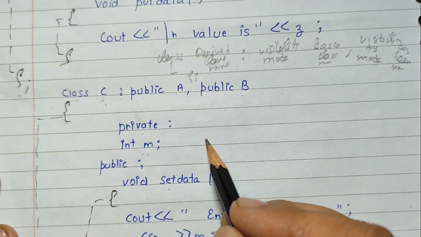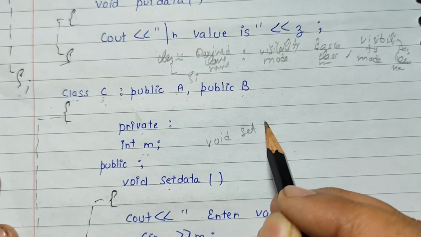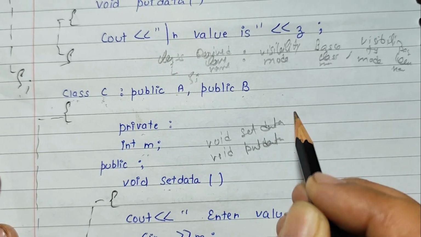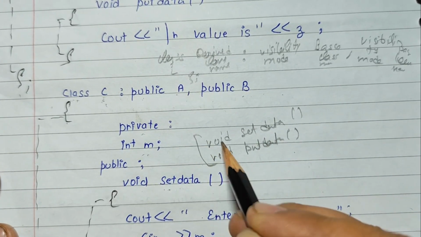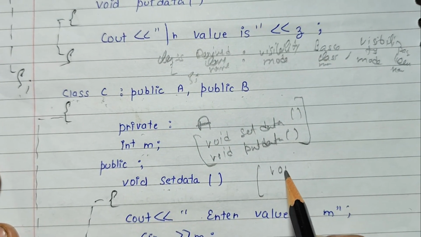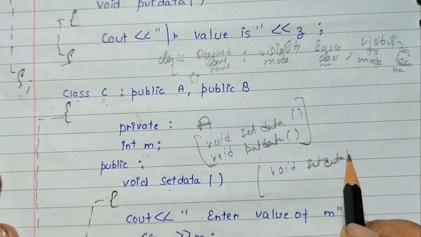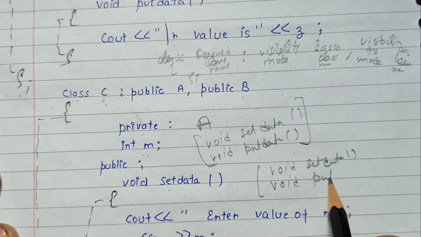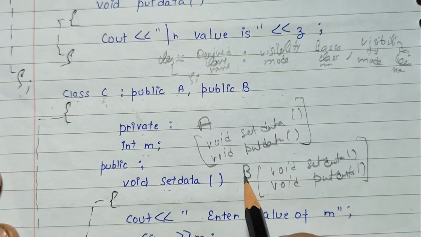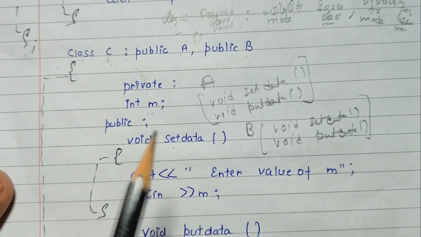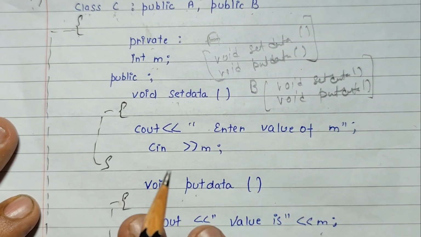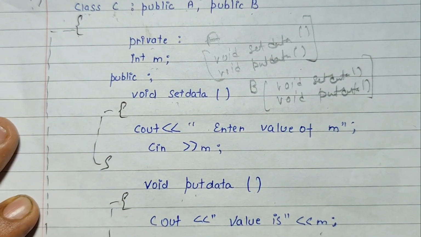Because two member functions, void set data and void put data, are shifted from base class A. And two member functions, void set data and void put data, are also shifted from base class B. And class C also has two member functions, set data and put data. It means how many member functions does the derived class have? The derived class has 6 member functions.